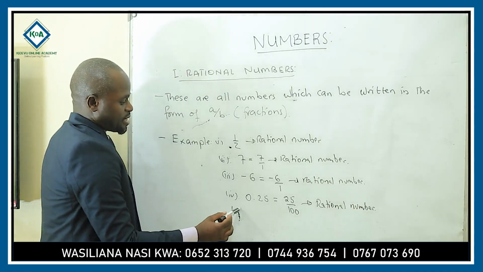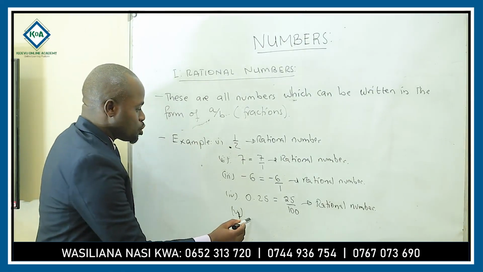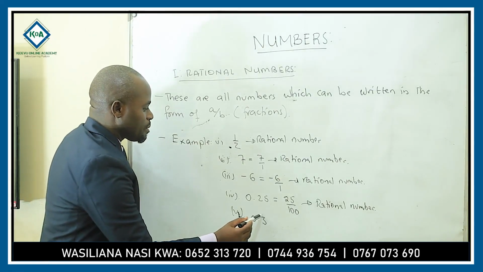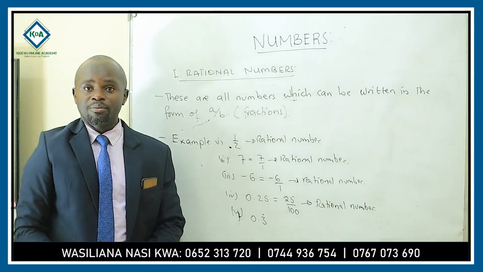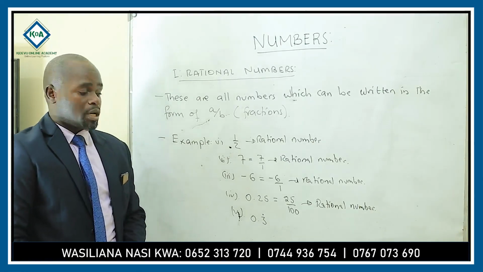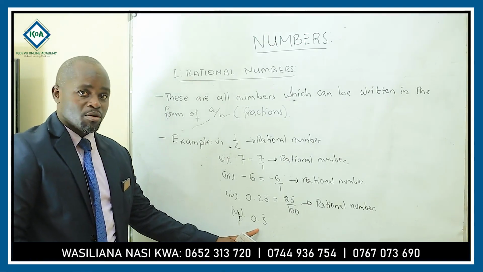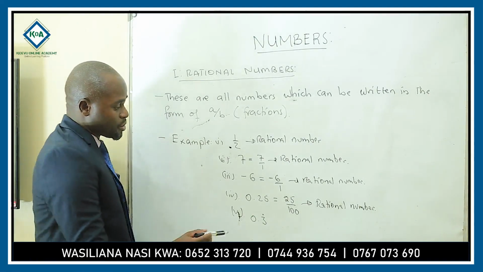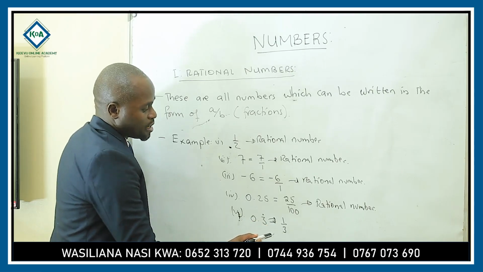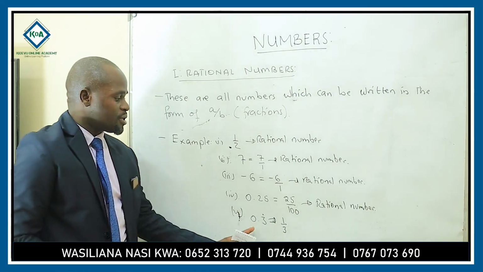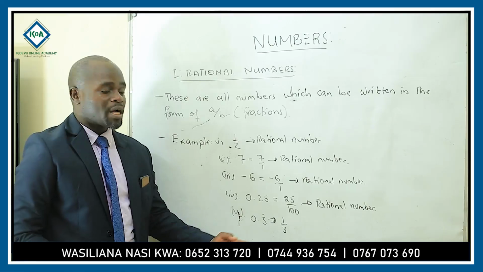Another example is if you have repeating decimals like 0.3, whereby 3 repeats. So 0.3 whereby 3 repeats also is a rational number. This is a repeating decimal, but it is rational because if you change it into a fraction, it will be equal to 1/3. I'll show you later how to change this into a fraction.